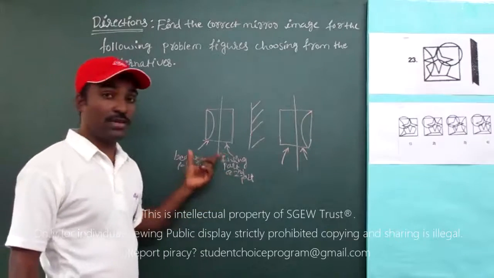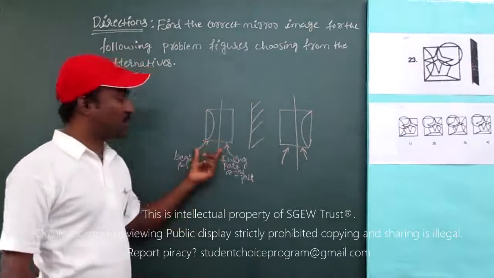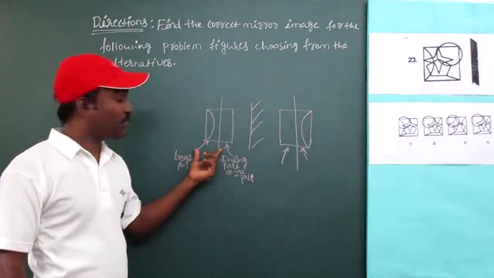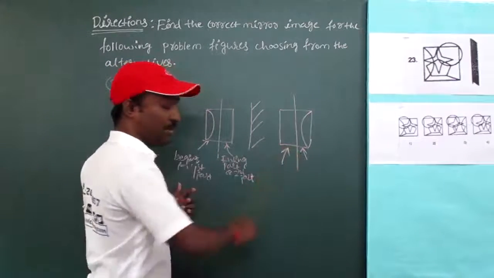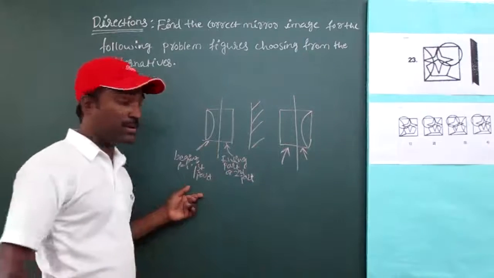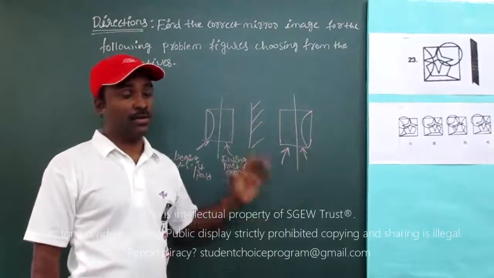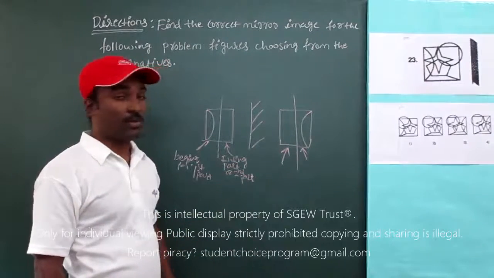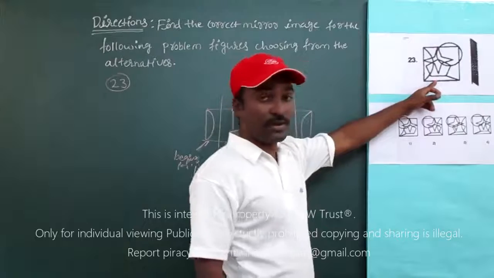So this has to be observed carefully. Whenever you find the mirror image of any particular figure, the ending part will become the first or the beginning part, and the beginning part of that image will become the ending or the second part of that image. Now taking this point, you can find the mirror image of this given figure.